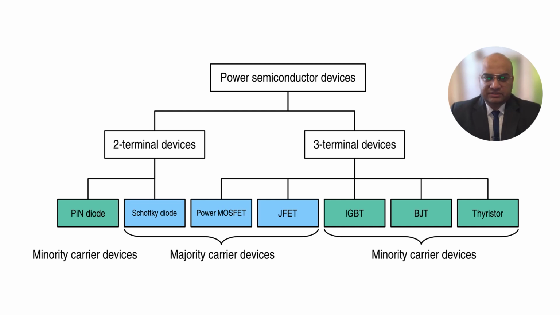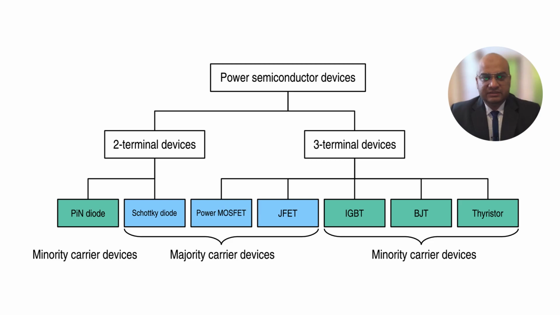So they come into these categories, and here you can see minority carrier, majority carrier and minority carrier devices. Once we dig deep into each device's characteristics, we will discuss how these devices' workings are categorically dependent on carrier devices.